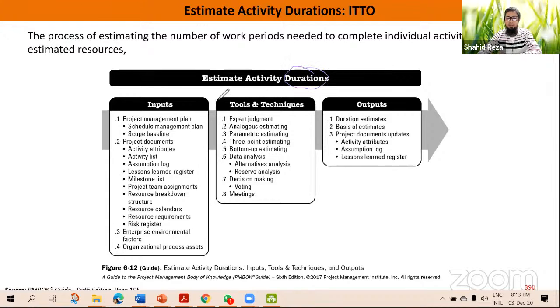All right. If you see the name, estimate activity durations. That means from the work packages we have found the activities, and now another responsibility of the project manager or project team is to find out the duration for each activity.